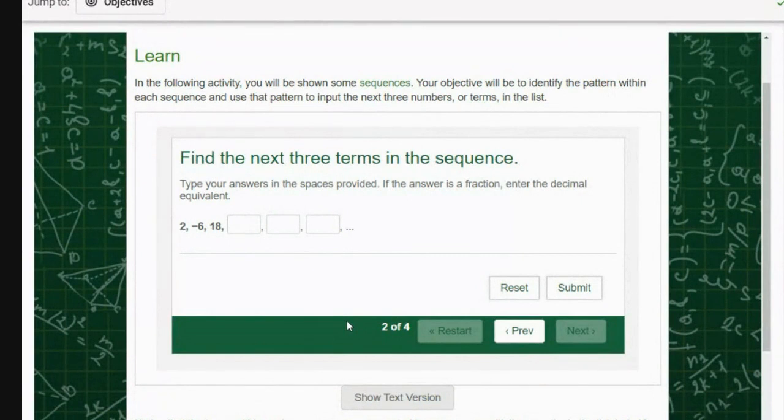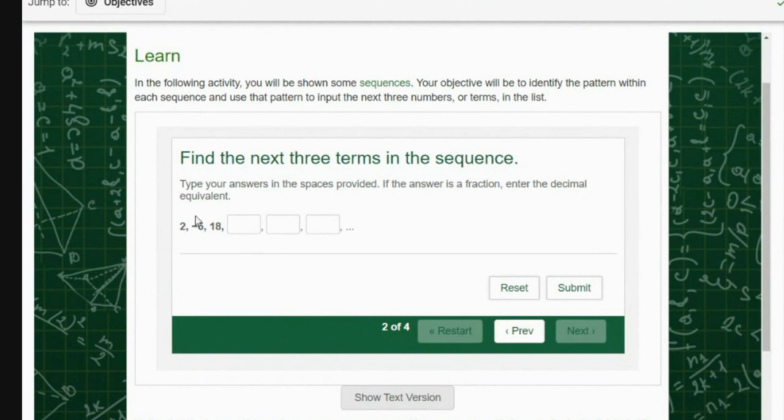2 times what number is negative 6? And then you can multiply negative 6 by that same number and get positive 18. Little tricky, but don't let that fool you.